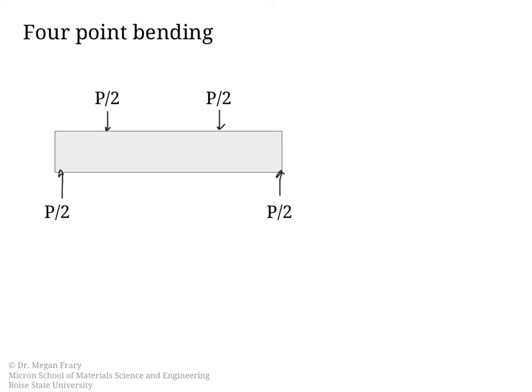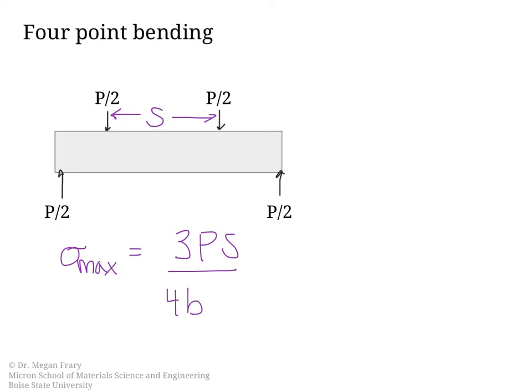In this case, we define the span S to be the distance between these 2 points here. We can find the maximum stress in a similar equation, 3 times the load times that span divided by 4bh squared, where again this dimension here is h and b is the third dimension of the bar.